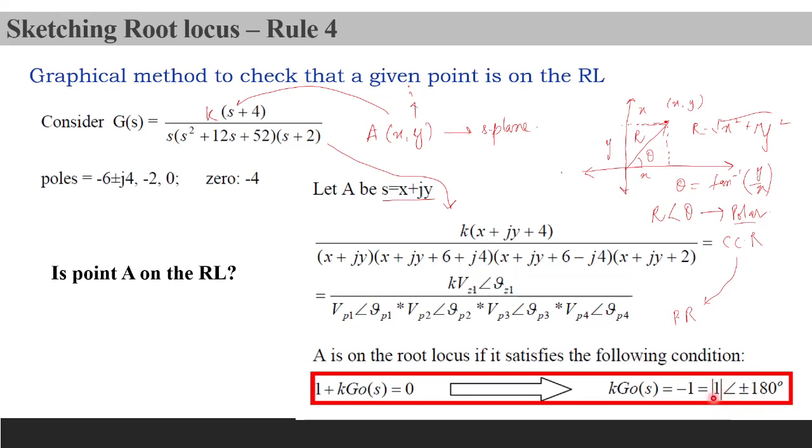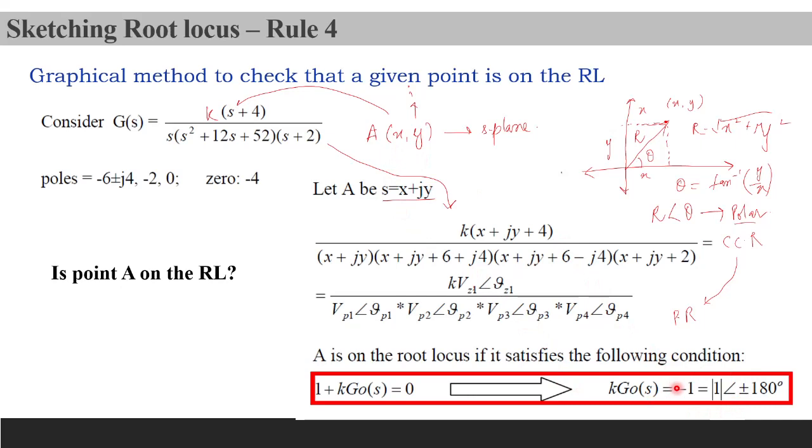So whenever I have a k g naught function, which is the open loop gain, with a magnitude of 1 and an angle of plus minus 180 degrees, this is actually the condition on which the point A would lie on the root locus, right?